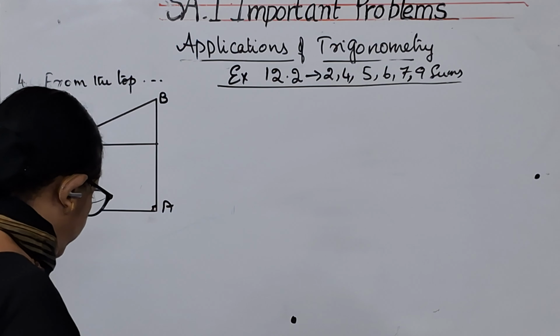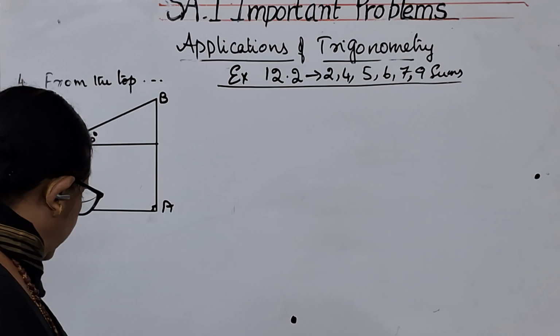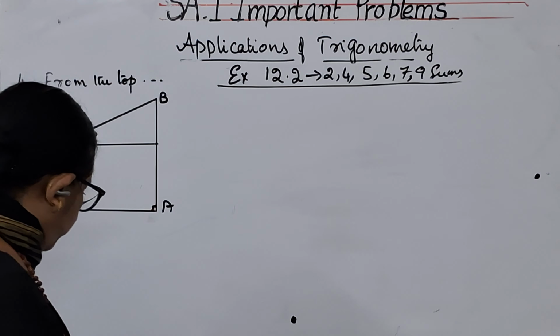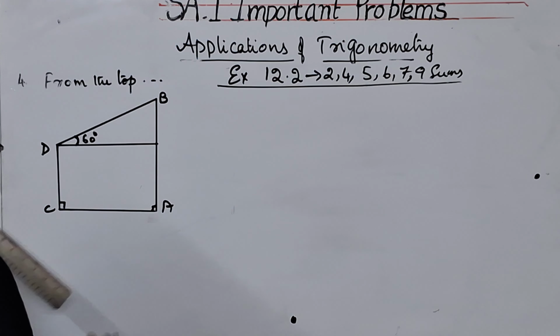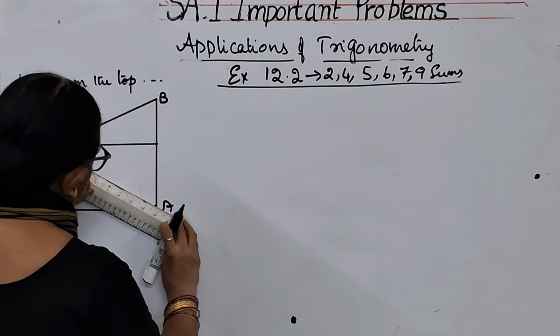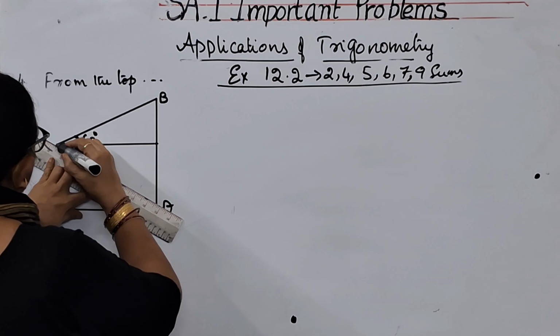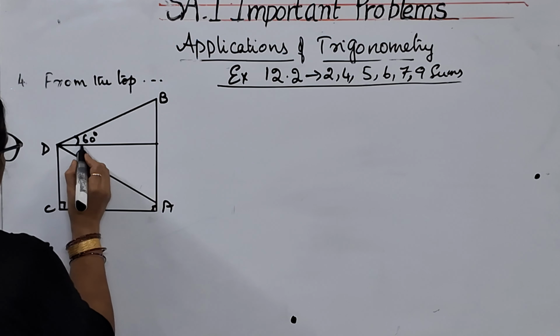Okay. Next, from the top of a building, the angle of elevation of the top of the cell tower is 60 degrees and the angle of depression of its foot is 45 degrees. From the same place, angle of depression means this, children. This is angle of depression, the angle which is coming down.